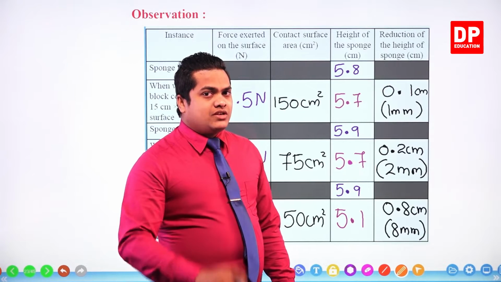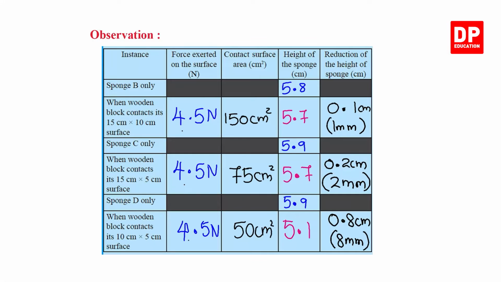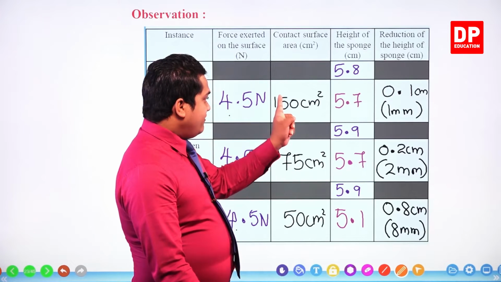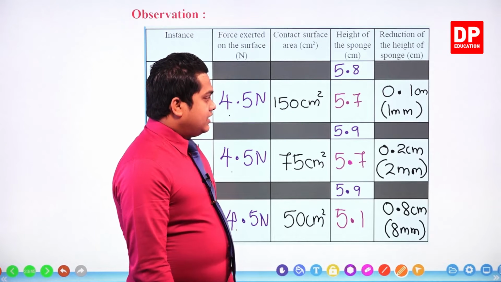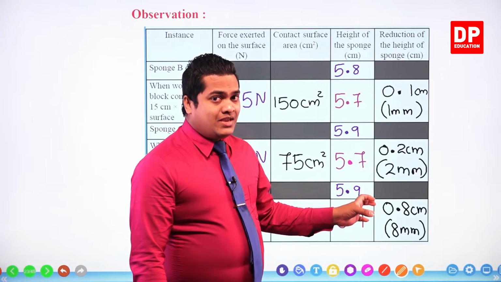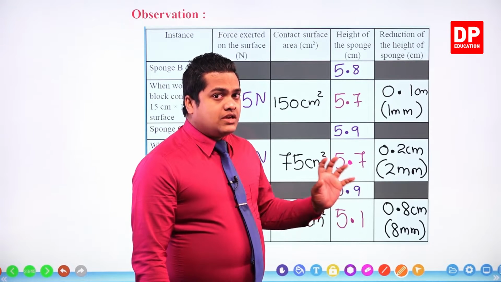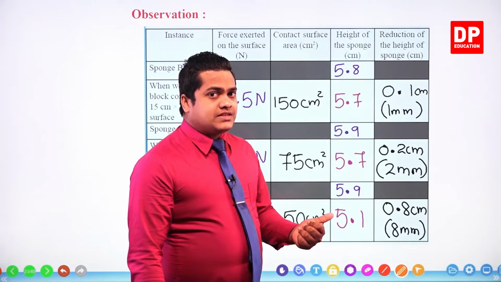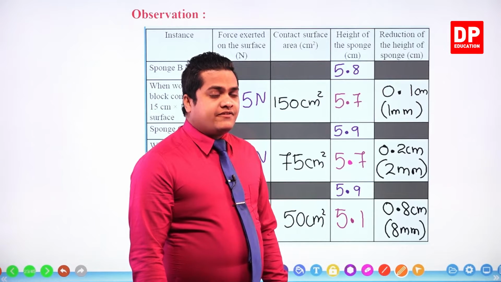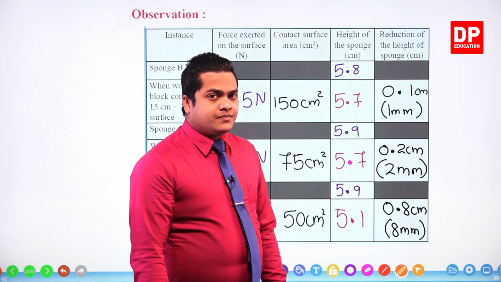Therefore, the reduction in thickness is a very simple value like 1 millimeter. But when the surface area is gradually reduced from 150 to 75, we can see that the thickness is reduced by 2 millimeters. It's because now the tension acting on the surface is somewhat greater than in the previous instance, as the surface area has been reduced.